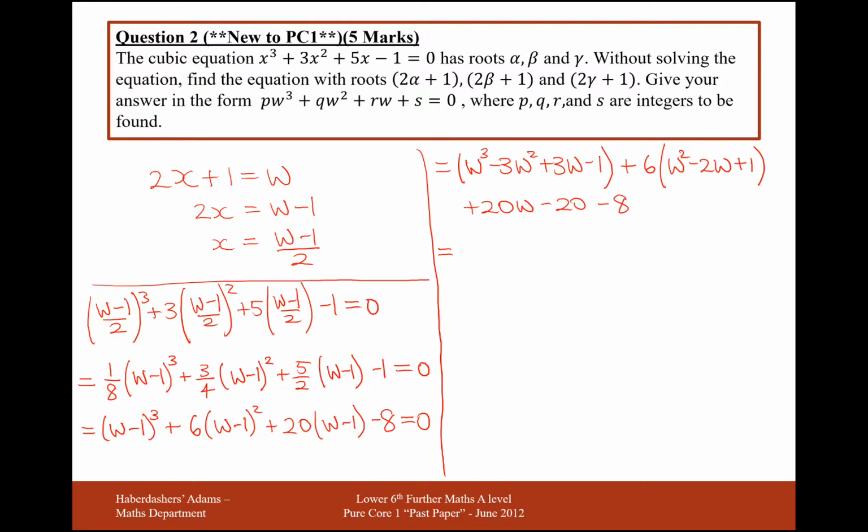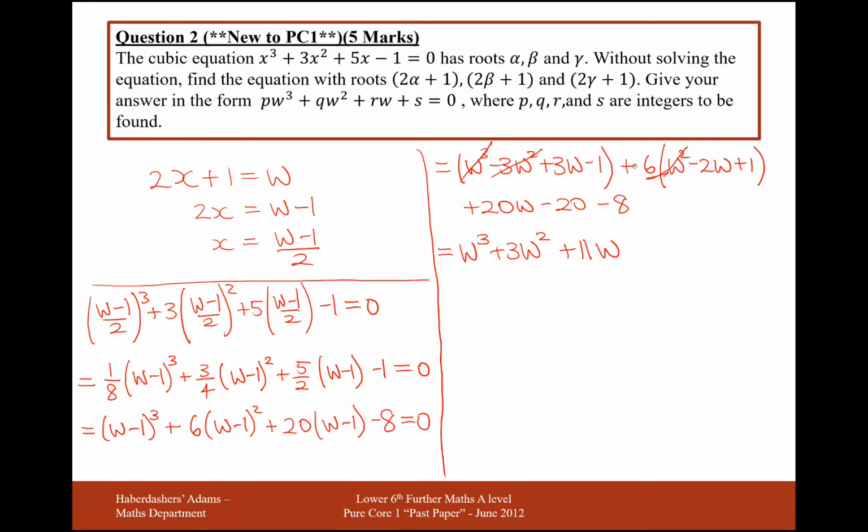So let's group together all the terms. W cubed, that's that. 6w squared, take away 3w squared, that would be plus 3w squared. That's that bit and that bit. 3w, take away 12w, that would be minus 9w. Add 20w, that would be plus 11w.